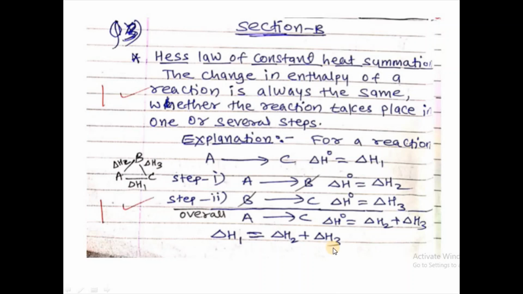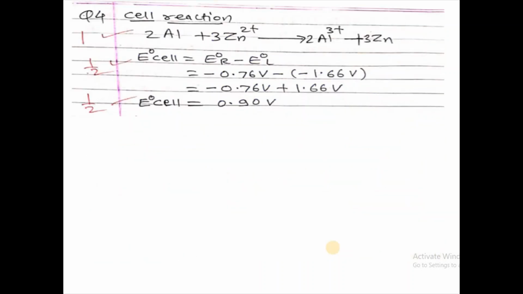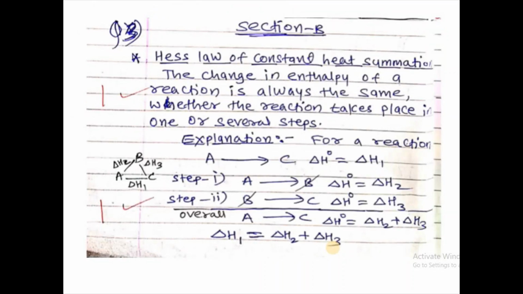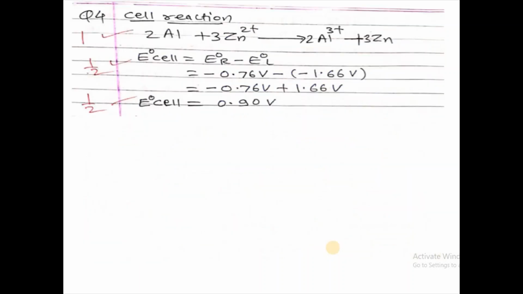That means the sum of the step first and step second enthalpies will give the enthalpy for A to C. That means the reaction takes place in a number of steps, but the enthalpy change is independent of these steps. Hence 2 marks, 1 mark for the law and 1 mark for the explanation.